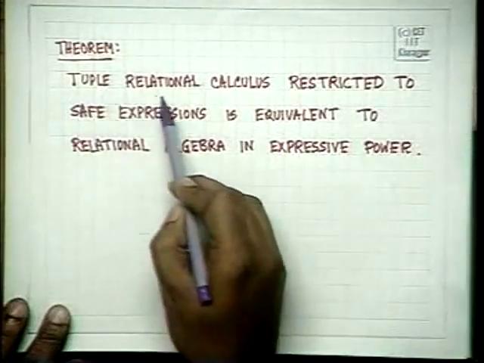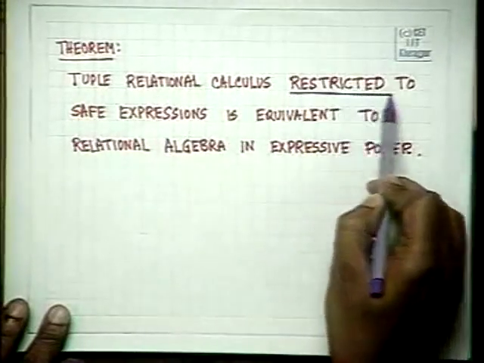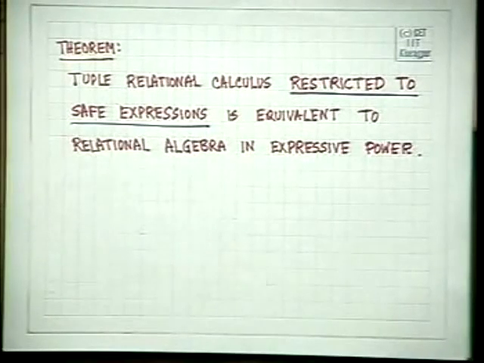and there is an interesting theorem which relates tuple relational calculus expressions with relational algebra. Tuple relational calculus restricted to safe expressions is equivalent to relational algebra in expressive power. This means that any safe tuple relational calculus expression can be written in relational algebra.